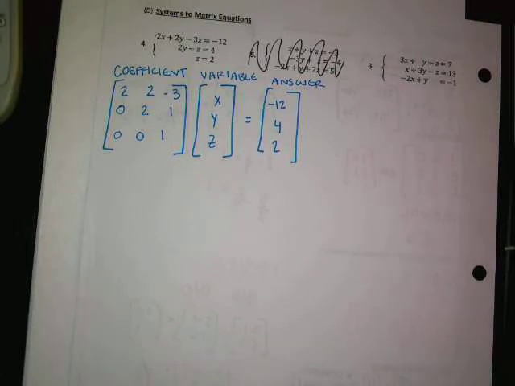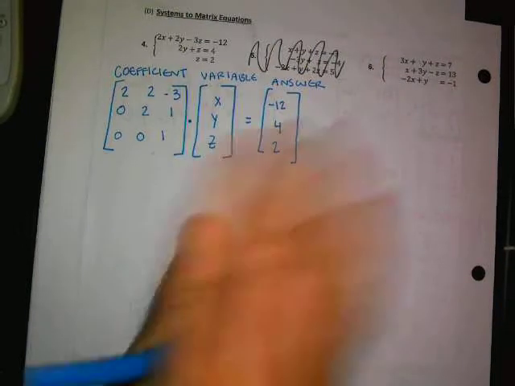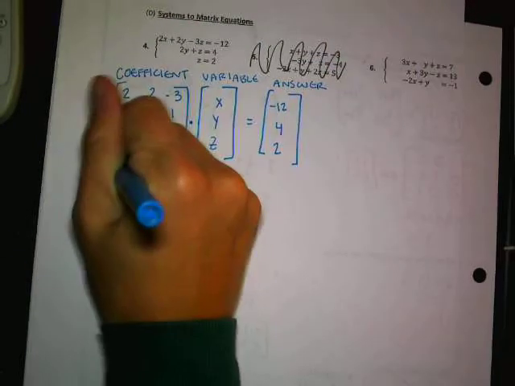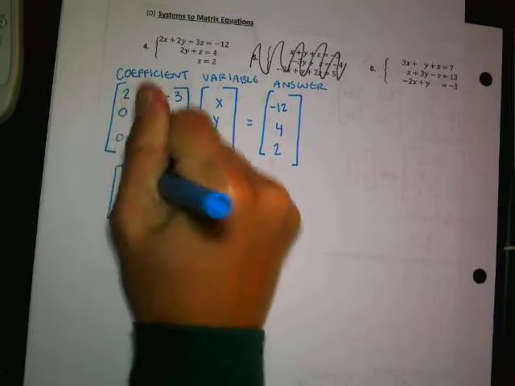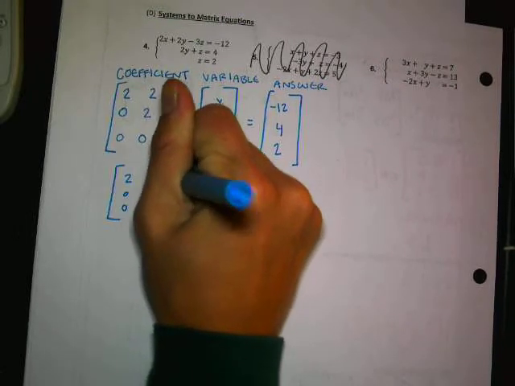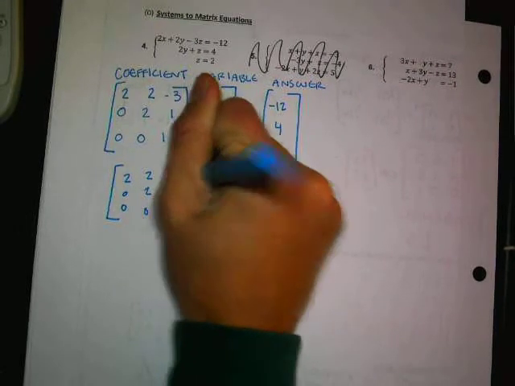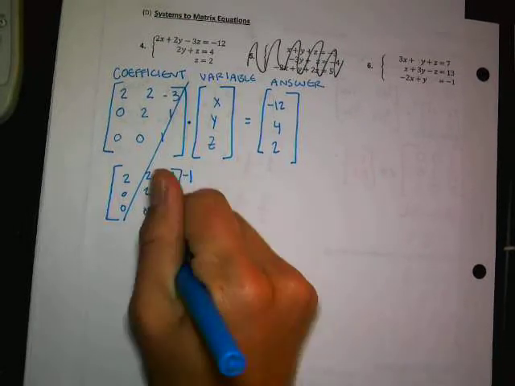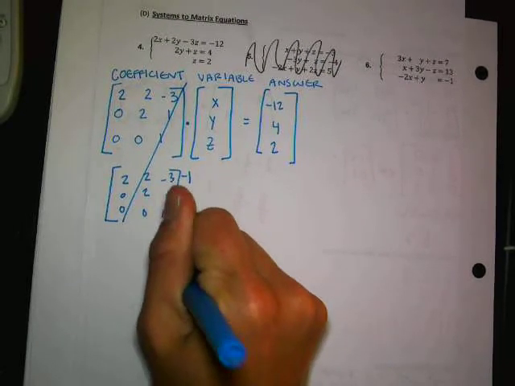So it's just like what we did on the front. I want to solve for these variables. How do I get rid of this coefficient? Inverse. Very good, because right now it's being multiplied. So to get rid of this coefficient, I am going to use the inverse.